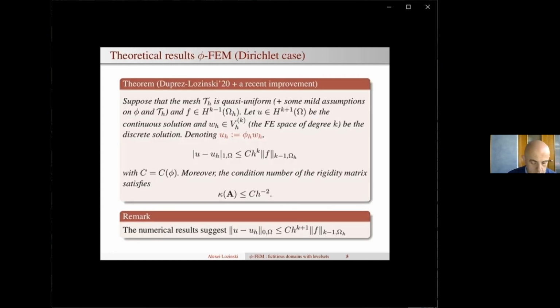And we can prove the optimal error estimate in H1 norm, using finite elements of any degree k. Numerical results suggest optimal accuracy also in L2 norm, and we have also a good control on the condition number of the rigidity matrix.